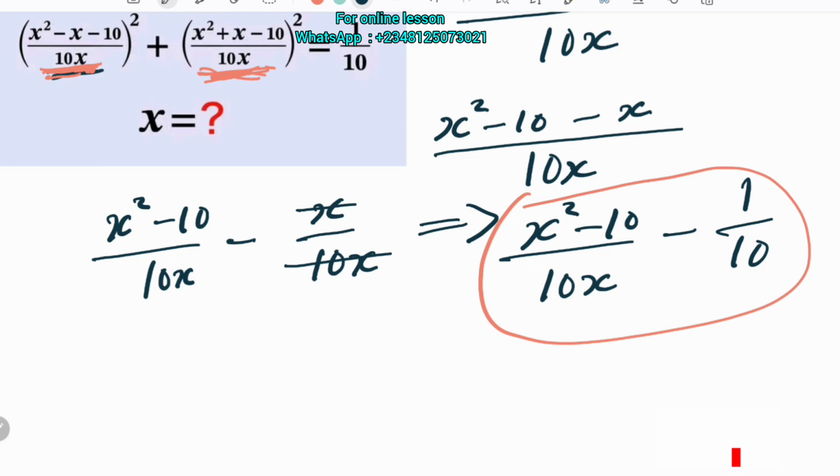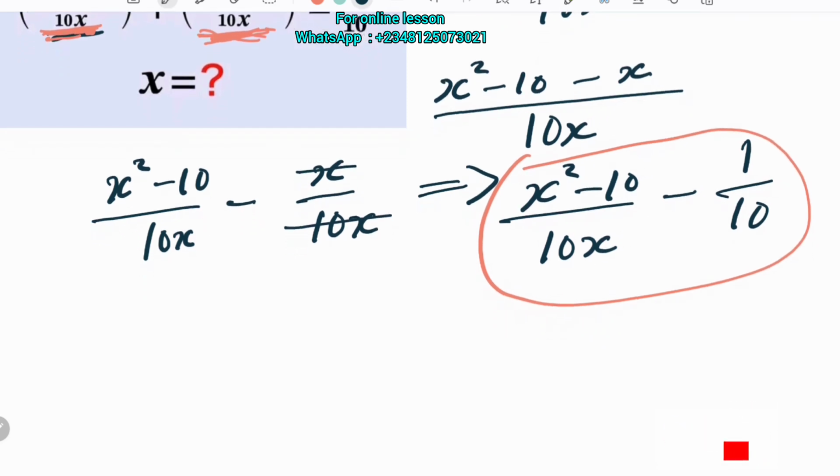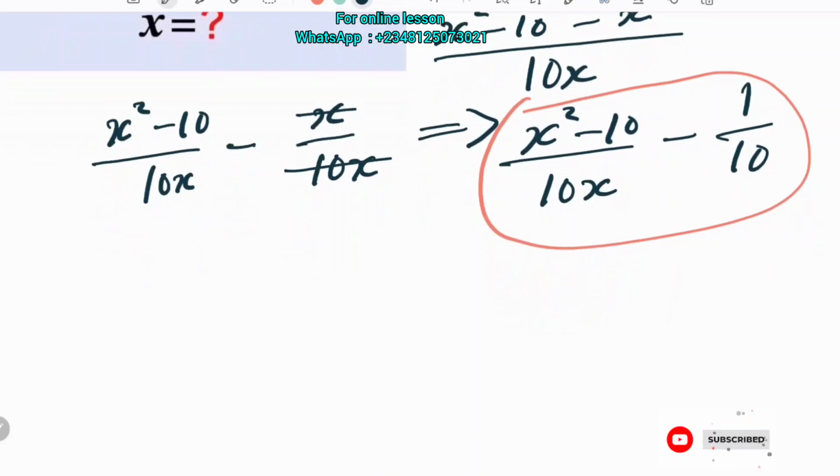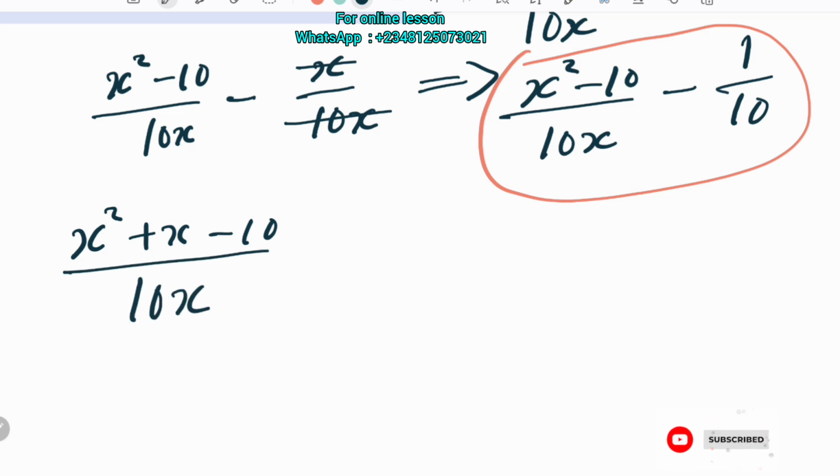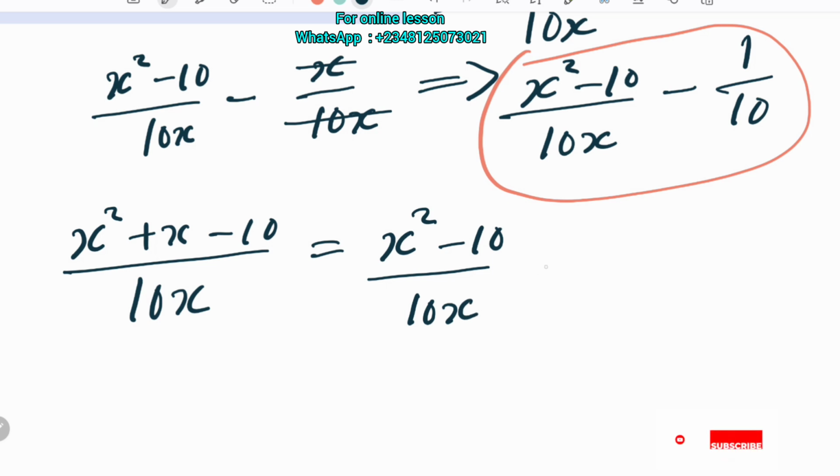Okay. Now, let's go to the second bracket where we have x squared plus x minus 10. So we have x squared plus x minus 10 all over 10x. Now let us also do the same thing to this so that we can have x squared minus 10 all over 10x plus x all over 10x.